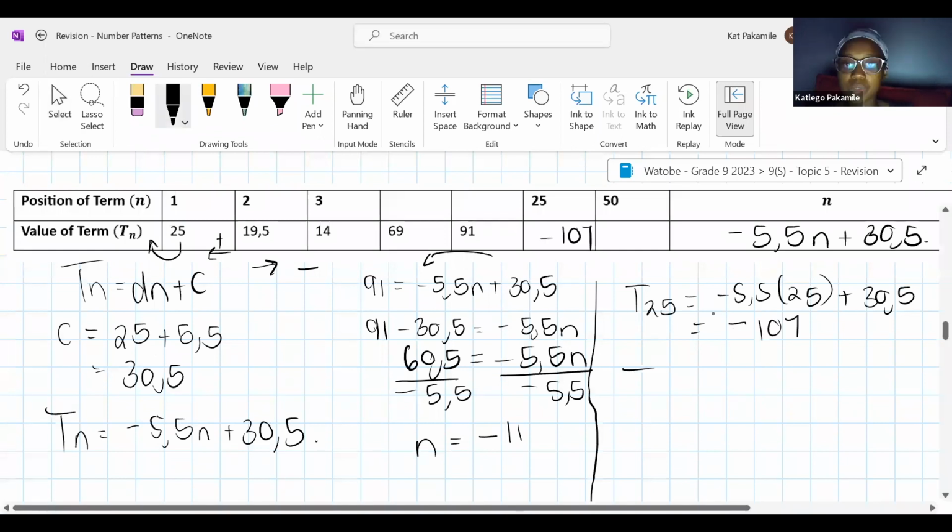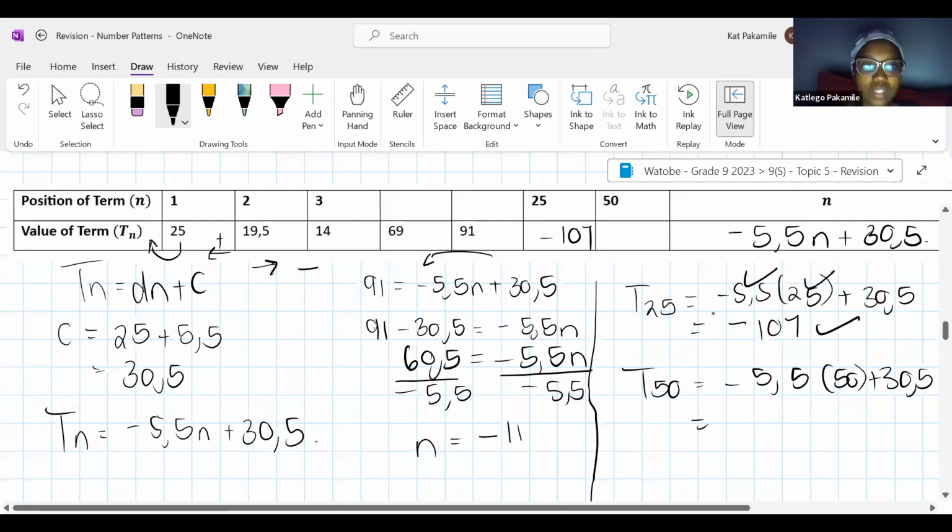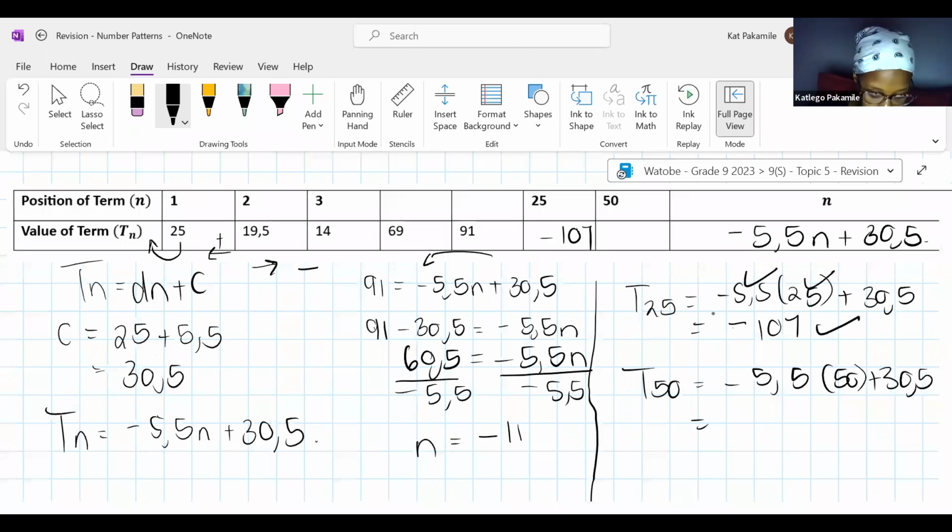And in position 50, I hope all those people who did this wrote it correctly, like I did, okay? Because these are accuracy marks. You have to show where you got this, the substitution, the answer, all of it. Oh, guys, is it 244 or 224? Guys are confusing me. Negative 50, let me check.